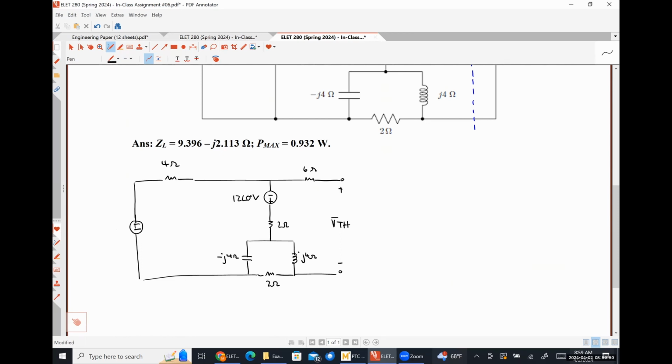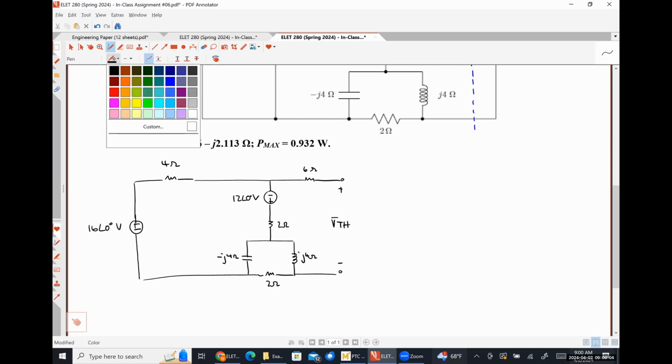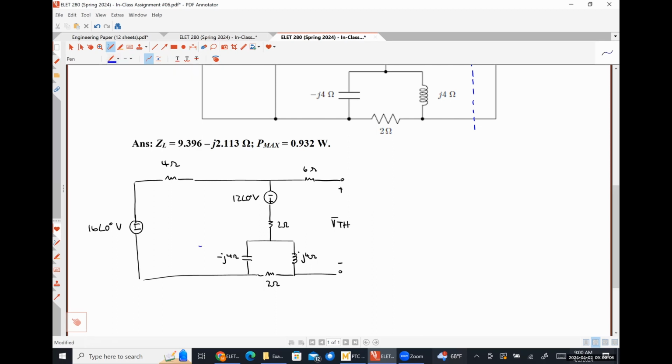And because V is equal to I times R, 4 ∠0 times 4 ohms is going to look like 16 ∠0 degrees volts. So making that simplification gives us a circuit that only contains 2 mesh currents.